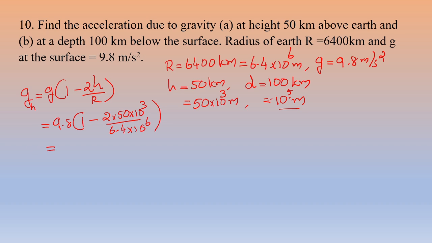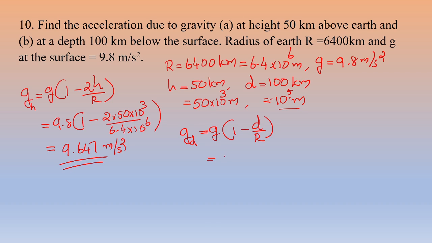So after the calculation, you will get the value of g at the given height of 50 km is 9.647 meter per second square. Now let us find the value of g at a given depth 100 km. So at a given depth, the value of g is given, gd is equal to g into 1 minus d by r.